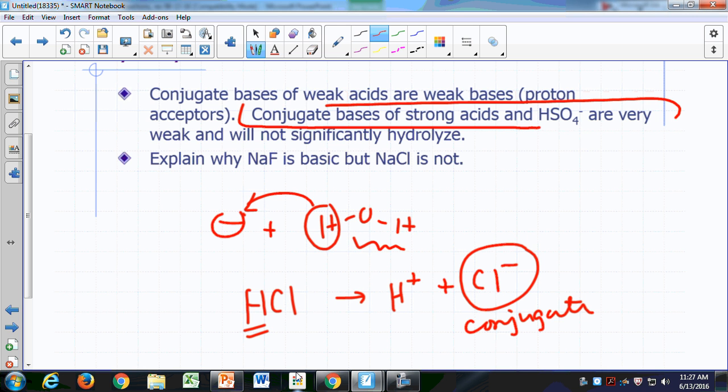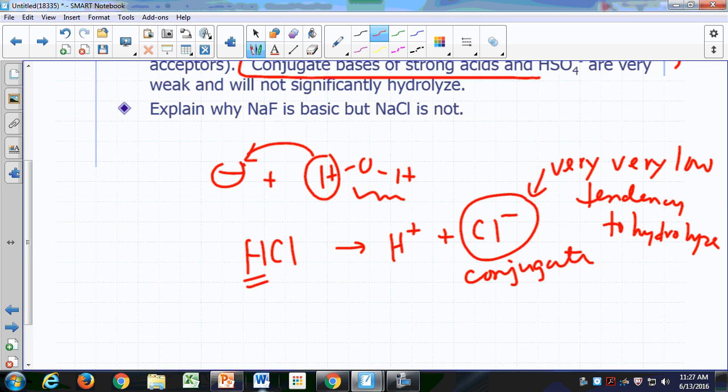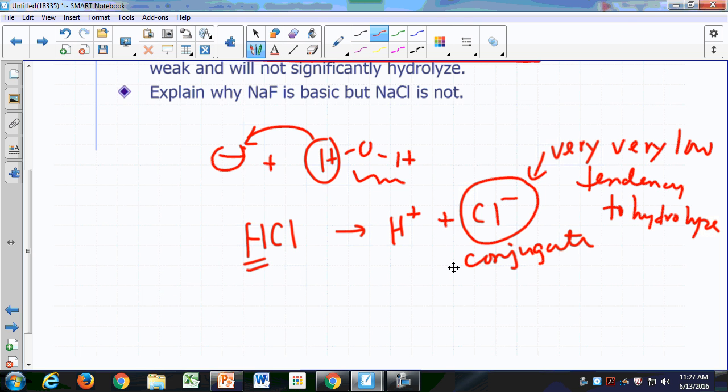So it has a very low tendency to hydrolyze, a very low attraction for H+. And that's why HCl is a strong acid. So this is the conjugate base of a strong acid.